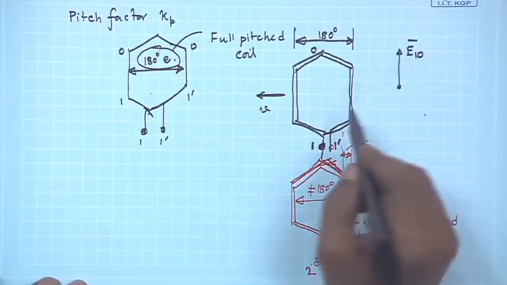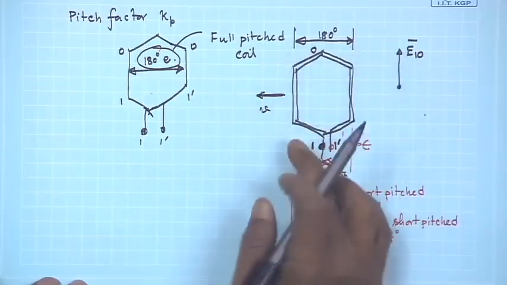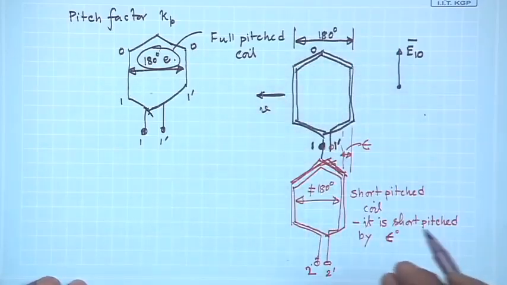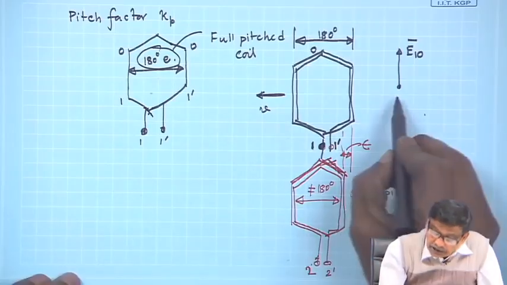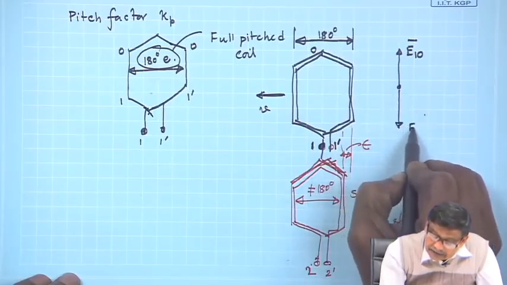So, E 1 dash O will be lagging it by 180 degree. Whatever is happening to 1 O in terms of time, the same thing is going to happen to 1 dash O after 180 degree. So, E 1 dash O will be here.